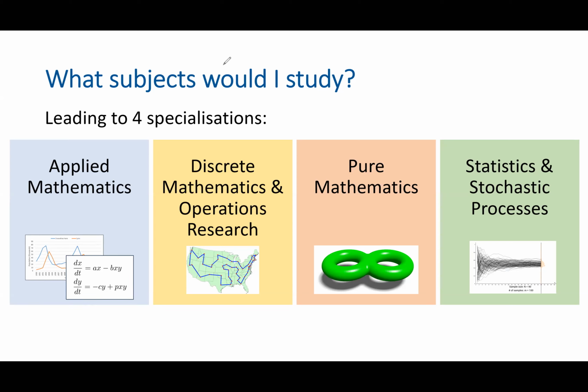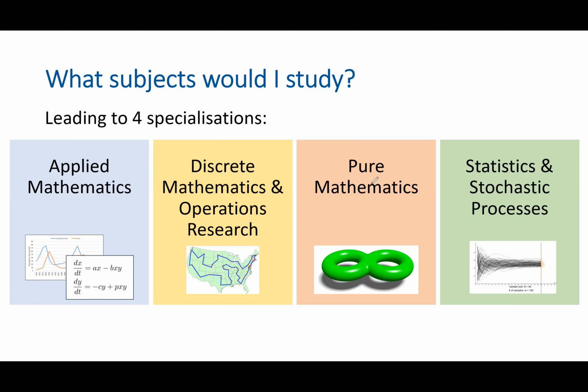So things like networks, graphs, and permutations. This little picture here is a famous problem called the traveling salesman problem, trying to find the shortest path between different points on a map. The operations research part, or OR, part of this specialization is the mathematics to support decision making. So things like optimization and algorithms for decision making.